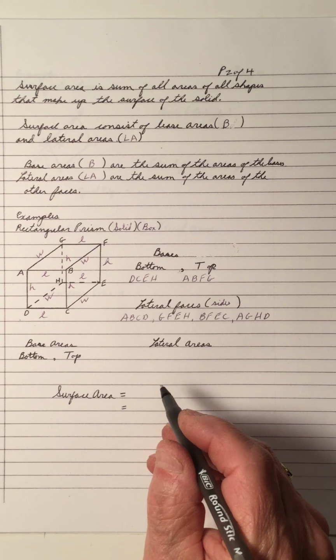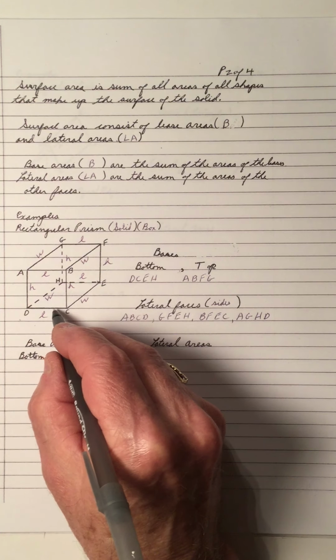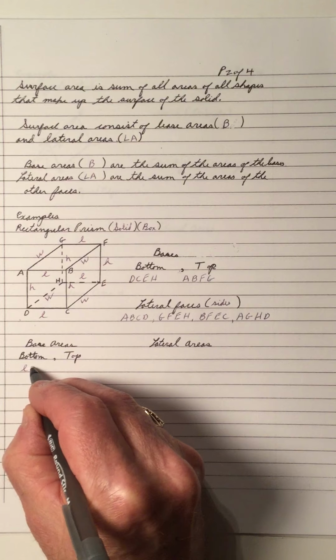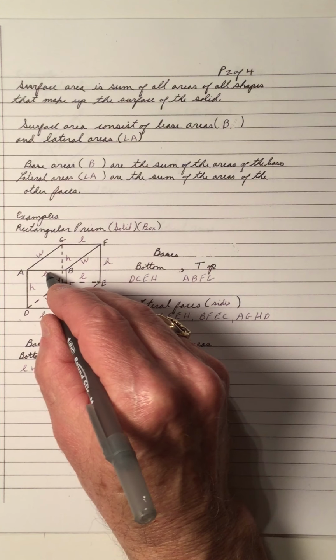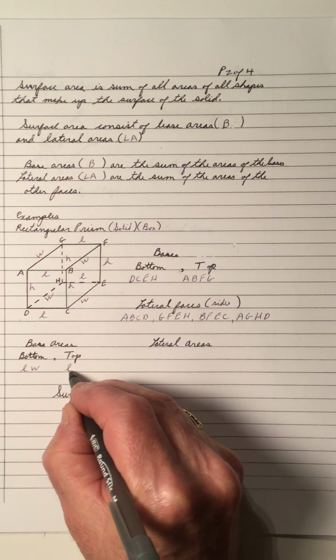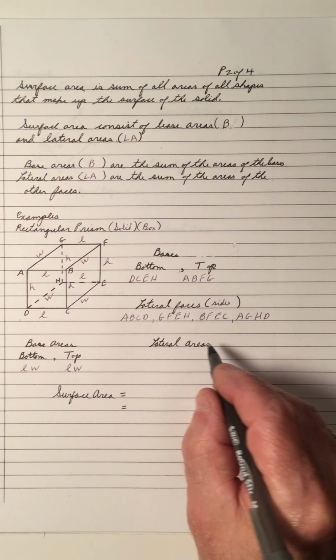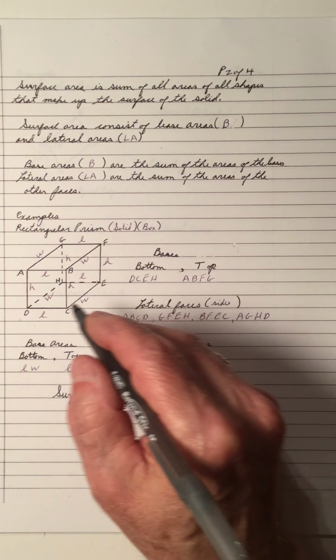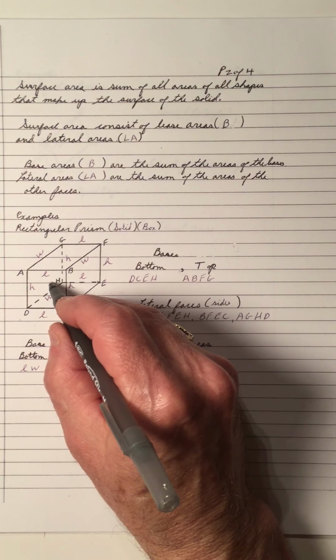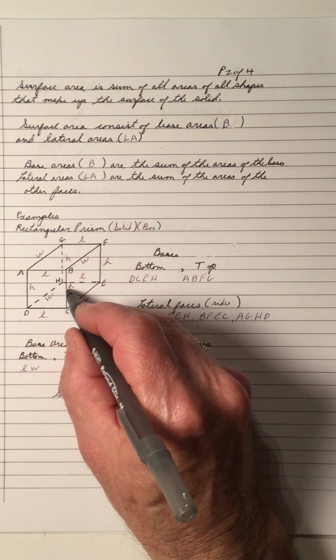Now let's look at the area of each of these. The area of the bottom is the length times the width. The area of the top, because it has the same dimensions, is length times width. For the lateral areas, let's look at the front of the box. The front of the box is the length by the height.